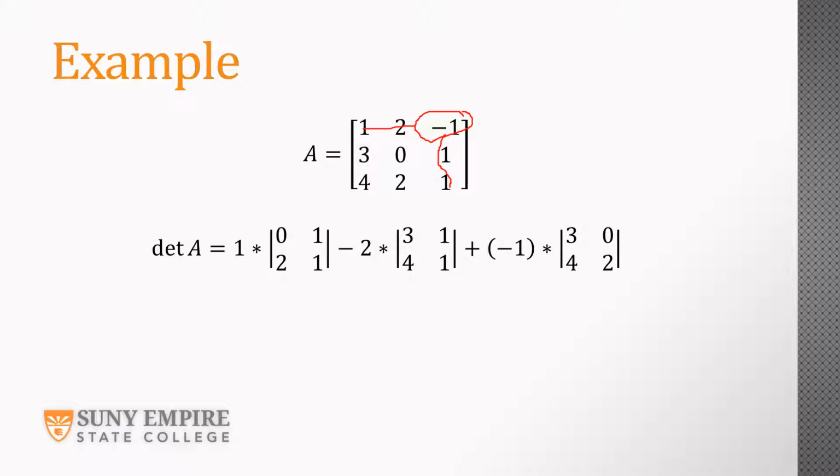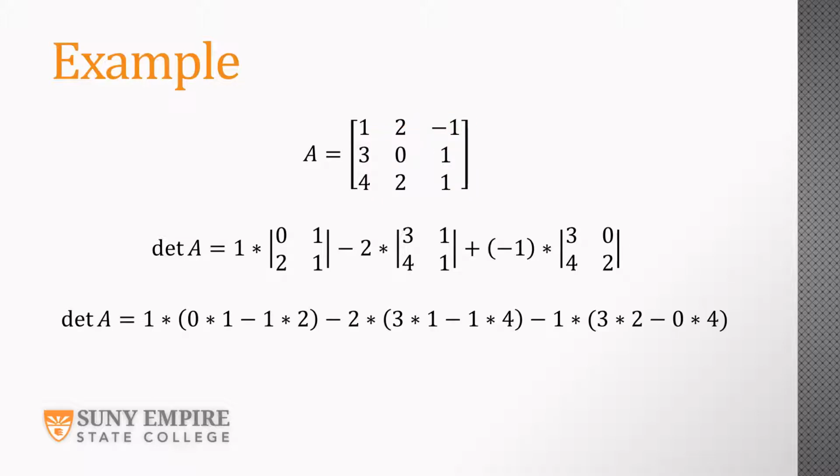The determinant of matrix A will be 1 multiplied by the quantity 0 times 1 minus 1 times 2, minus 2 multiplied by the quantity 3 times 1 minus 1 times 4, minus 1 multiplied by the quantity 3 times 2 minus 0 times 4.